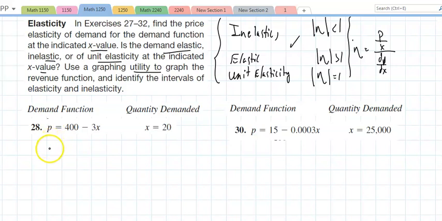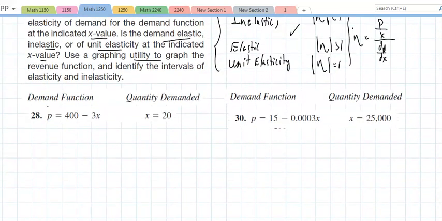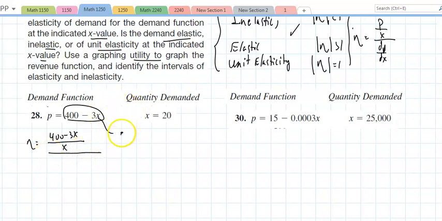If I am to proceed, so to figure out this eta, I will take P. Well, P is 400 minus 3x. That's the price, that's the demand function, divided by x, all over dp dx. The derivative of this with respect to x would be negative 3. Right?